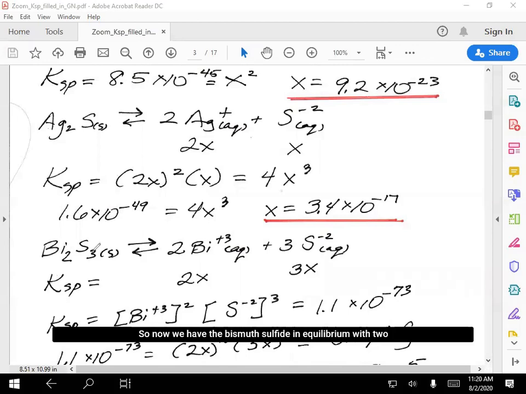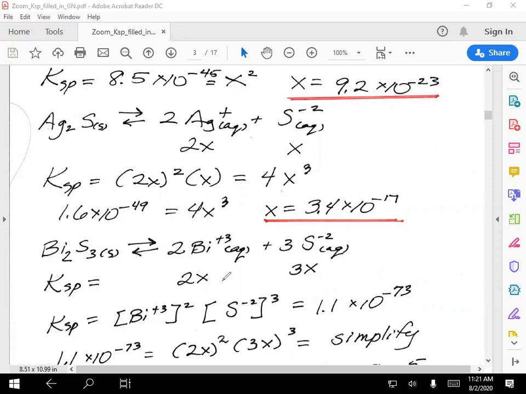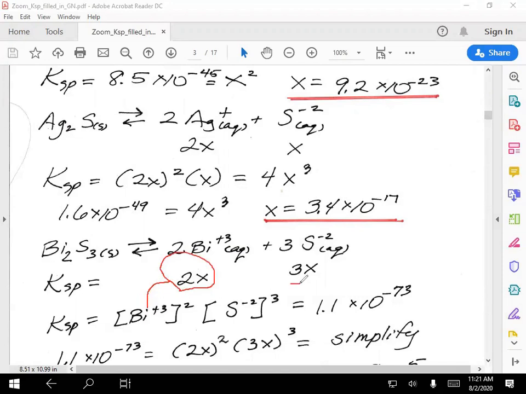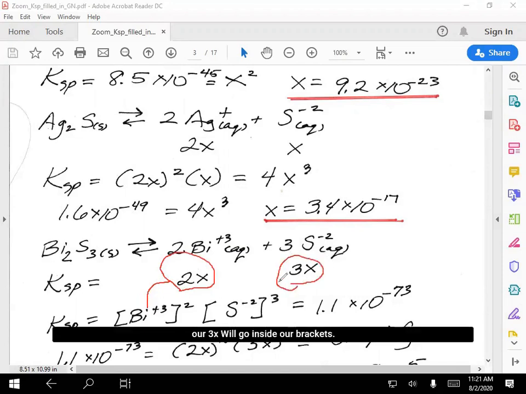So now we have the bismuth sulfide in equilibrium with 2 bismuth, because there's 2 in our formula, 3 sulfide because there's 3 in our formula. So we're going to have 2x and 3x. We're going to take our 2x, that will go inside our brackets. Our 3x will go inside our brackets.